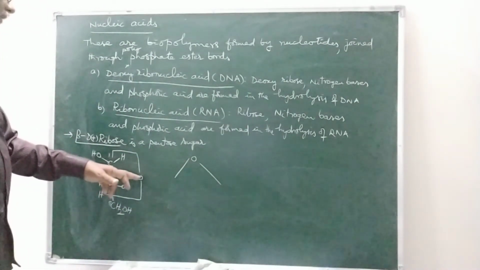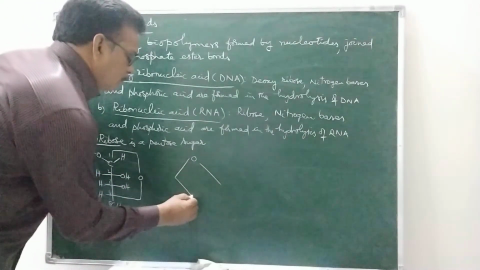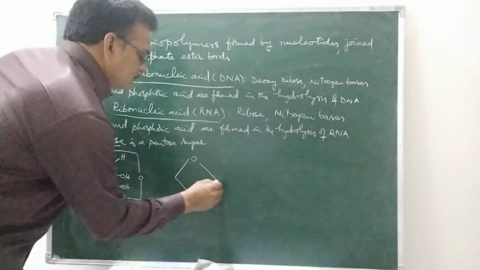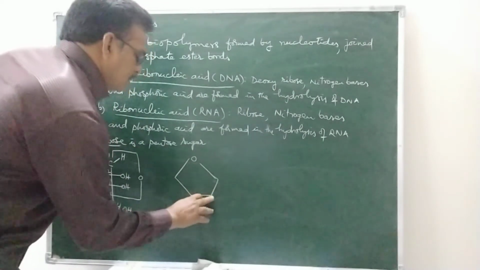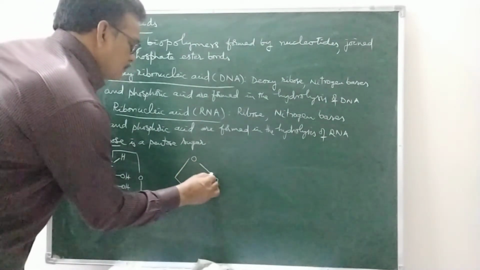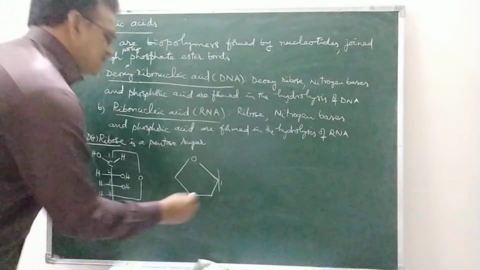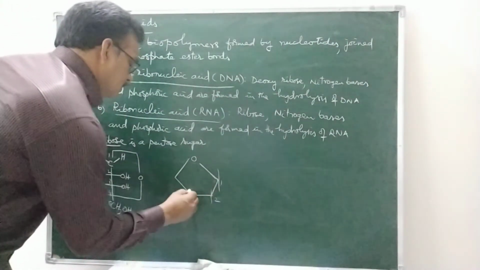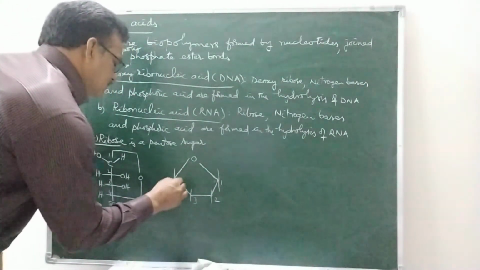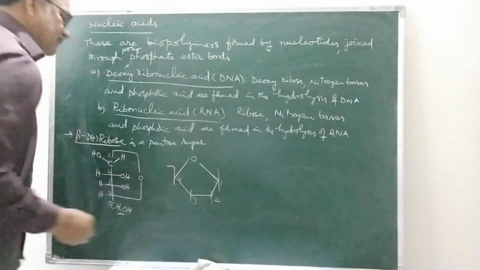How many atoms are present in the cycle? 1 oxygen and 4 carbons. This is the first carbon, this is the second carbon, this is the third carbon, this is the fourth carbon, and the 5th carbon will be present here.